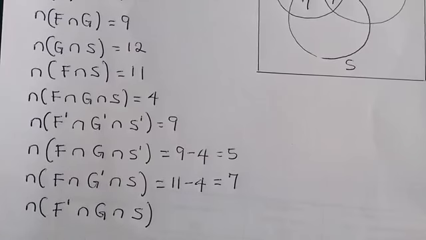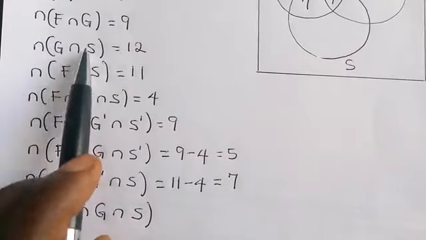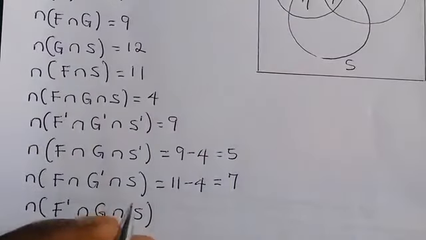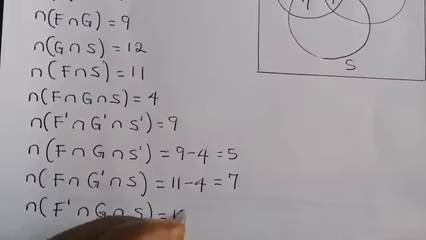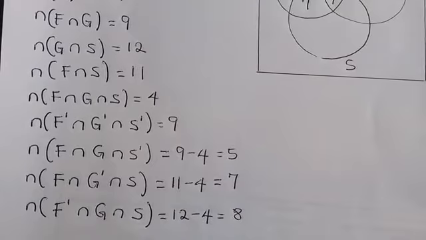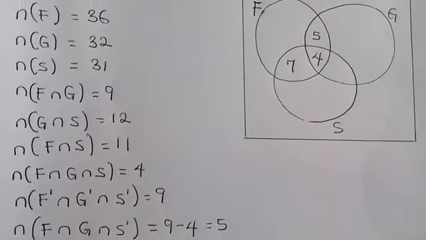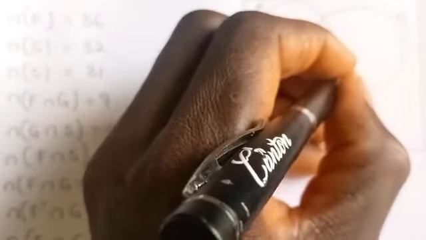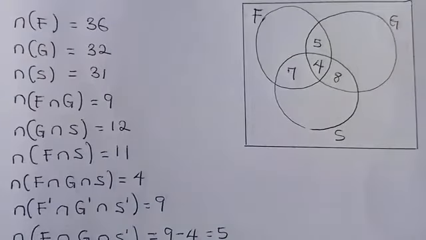Anyone you are seeing prime is the one that is not considered, that is not part of that particular set per time. So for German and Spanish, we have 12 here. So we are going to subtract 4 from 12, and we will have 8. So 8 is the number that offered German and Spanish.